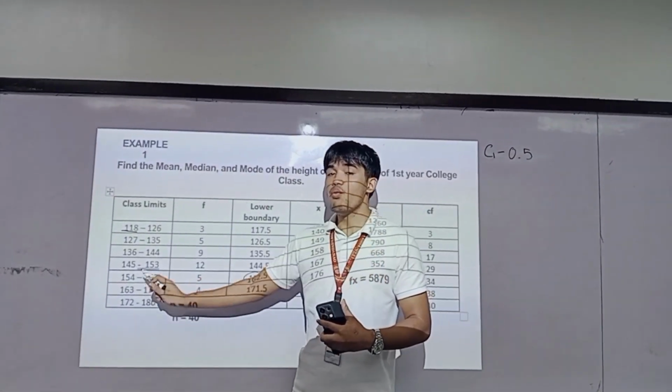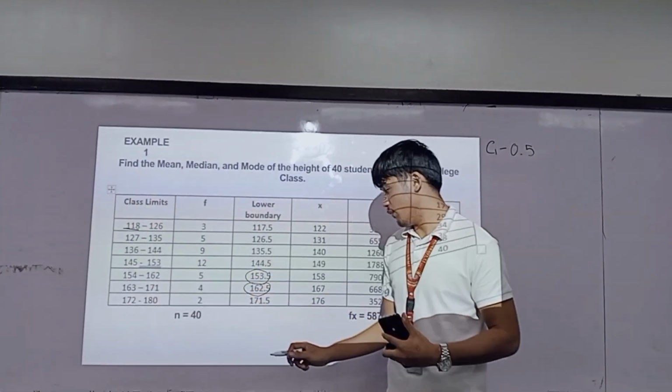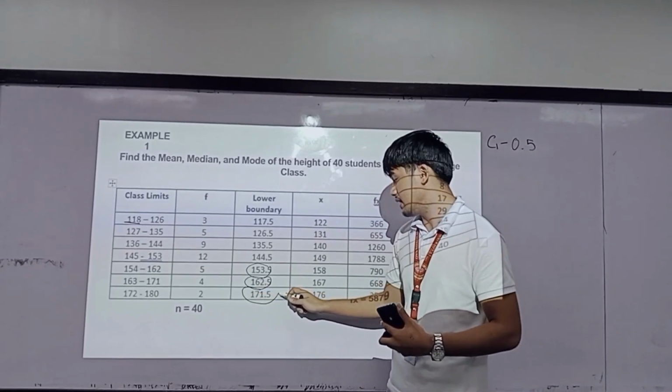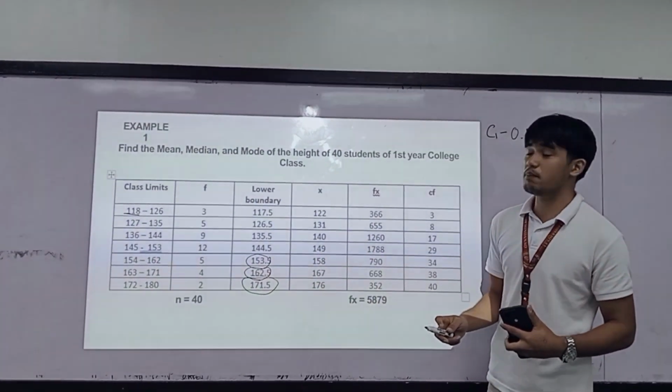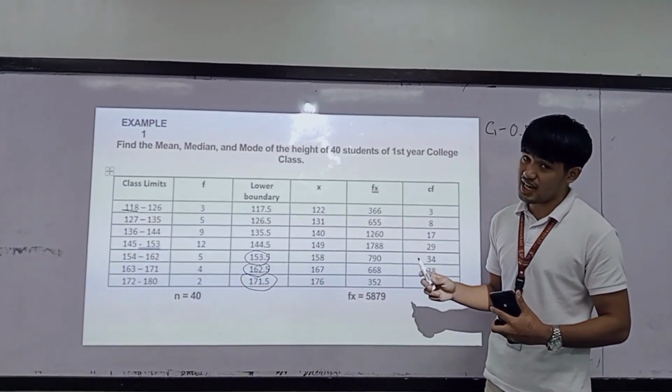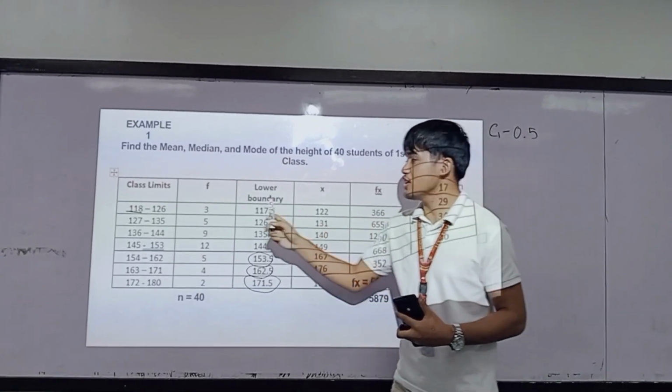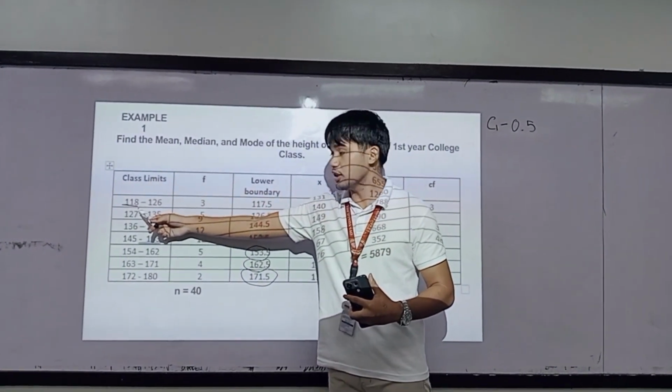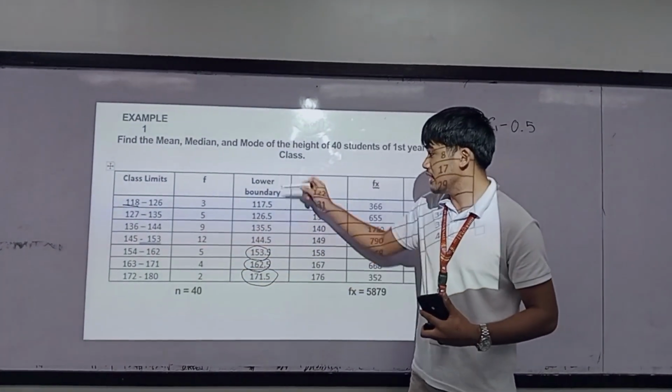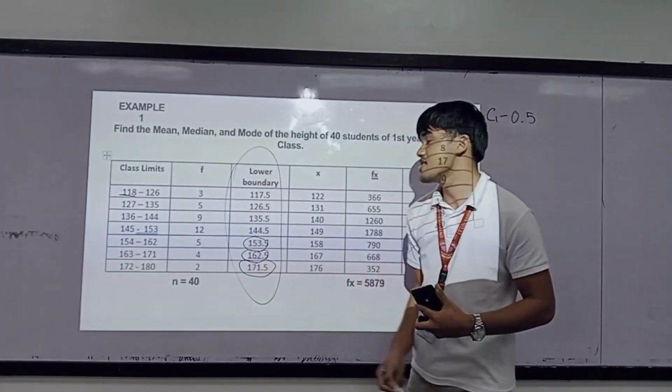And lastly, 172 minus 0.5 is 171.5. So all you need to remember when getting the lower boundary is to subtract 0.5 from the first value of your class interval.